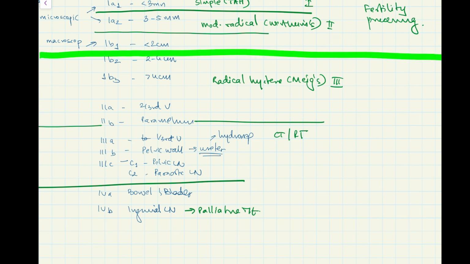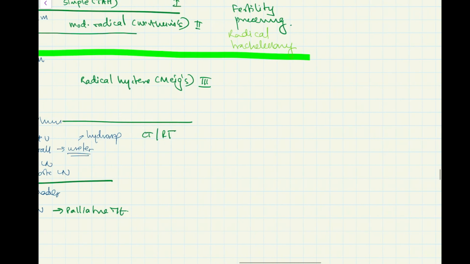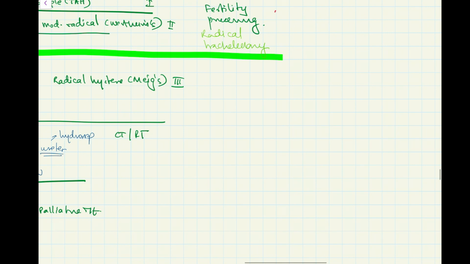So the surgery is radical trachelectomy, where we remove the cervix and the upper vagina. Right. The conditions are, it should be stage 1B1 or the size is less than 2 centimeters. For chemo and radio, it is stage more than 2B or size is more than 4 centimeters.